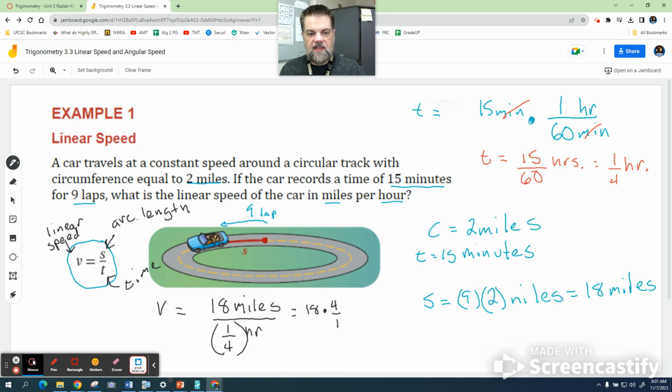And then the miles is on top. So it's miles per hour, right? That's what we want, is miles per hour. So then 18 times 4 is 72 miles per hour. That's it. That's our answer.